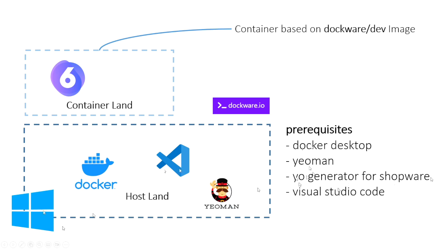Then we also will need a small extension that I will show you later, and in the end we will have the running Docker container with Shopware 6 inside, based on the Dockware.io image. Good. That's what we are going to do today.